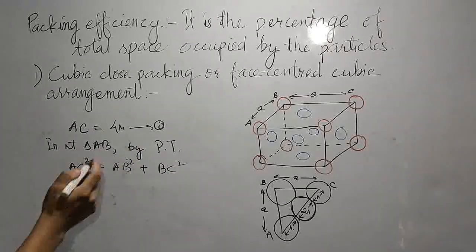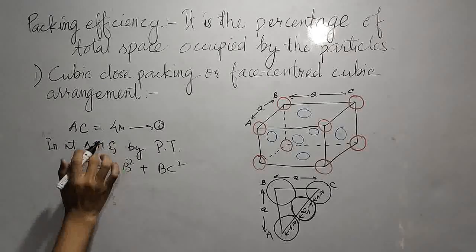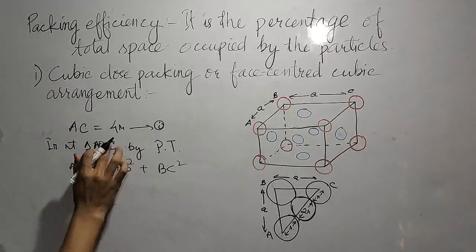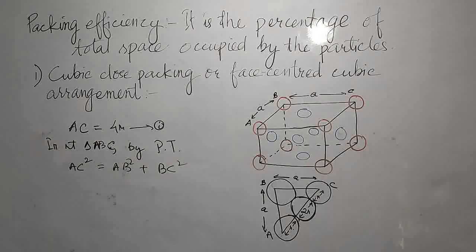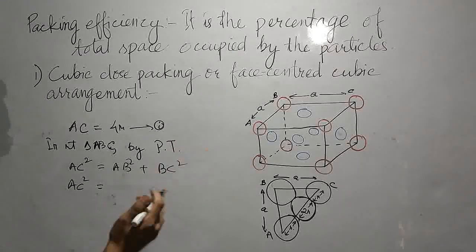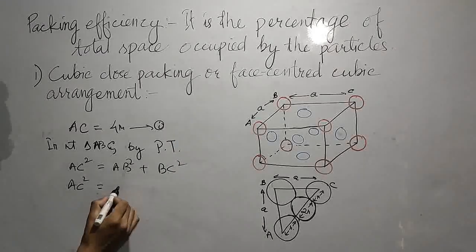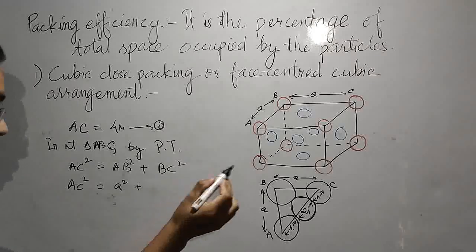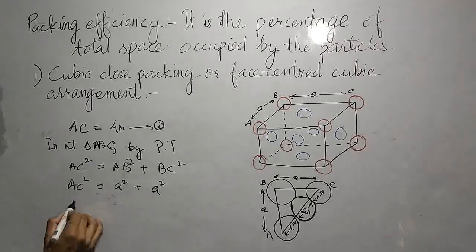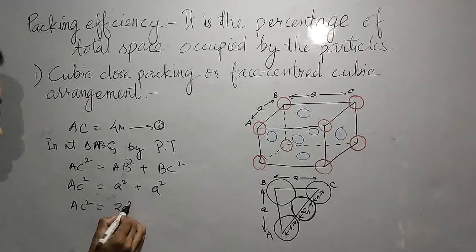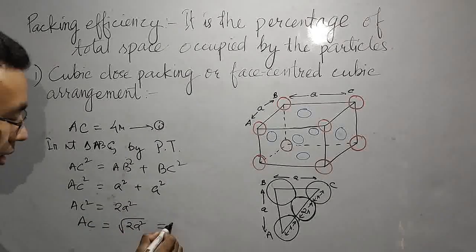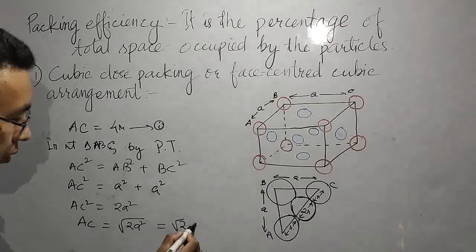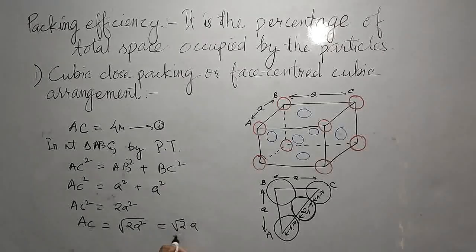We do this in order to find the relationship between the radius and the edge length of the unit cell. AB is a, so a square, BC is also a, so a square. AC square equals 2a square, then AC will be root over 2a square, which is root 2 a. So this is the value of AC.